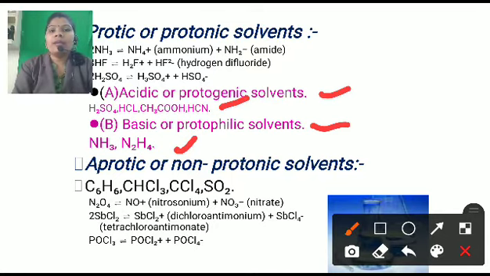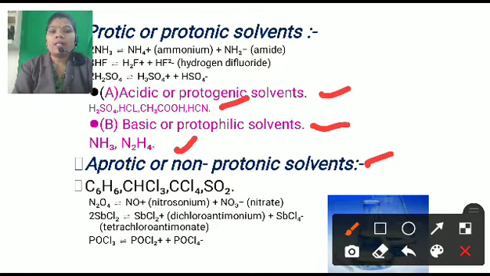Next type is the aprotic or non-protonic solvent. Here we learn the examples: benzene, chloroform, carbon tetrachloride. These do not contain the proton. That means they are not dissociated into the proton. That's why these are the non-protic or aprotic solvents. Here we take their dissociation.